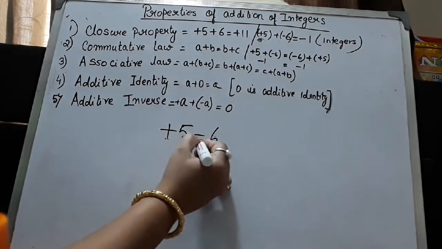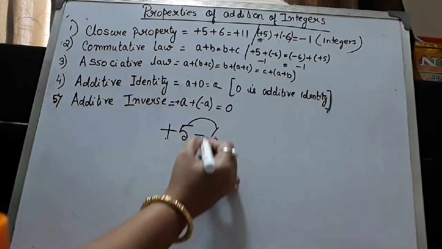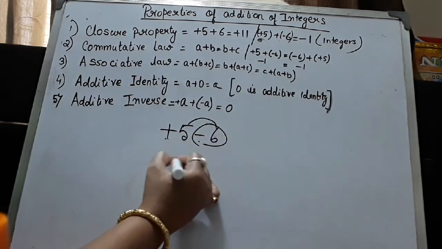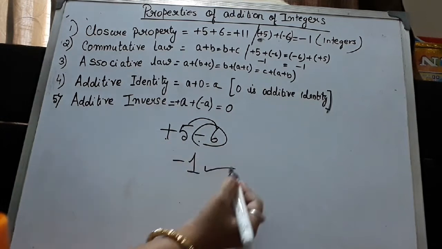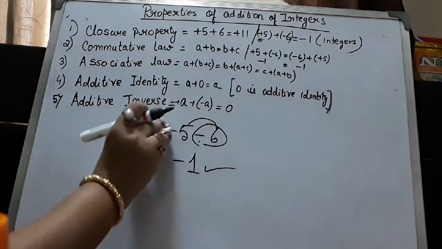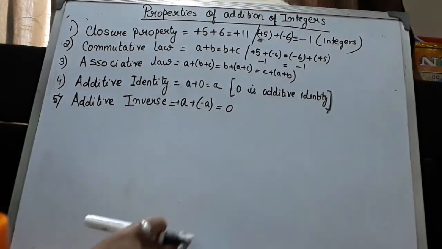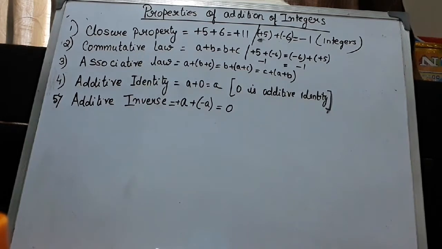So 6 minus 5 is 1, put the sign of the greater number, that is minus 1. This is also an integer. So closure property means when we add any two integers, the resultant we get is also an integer.